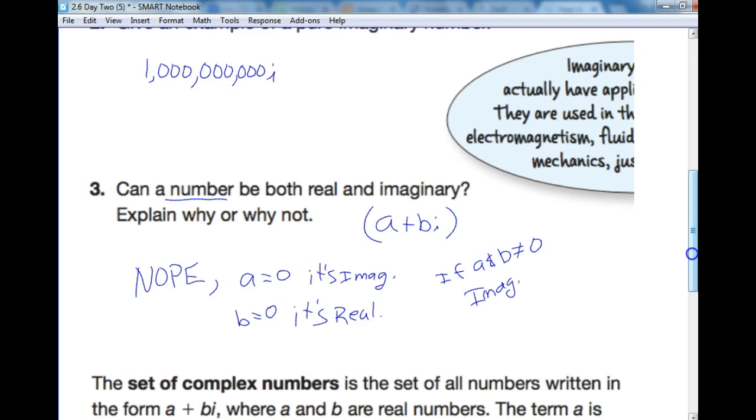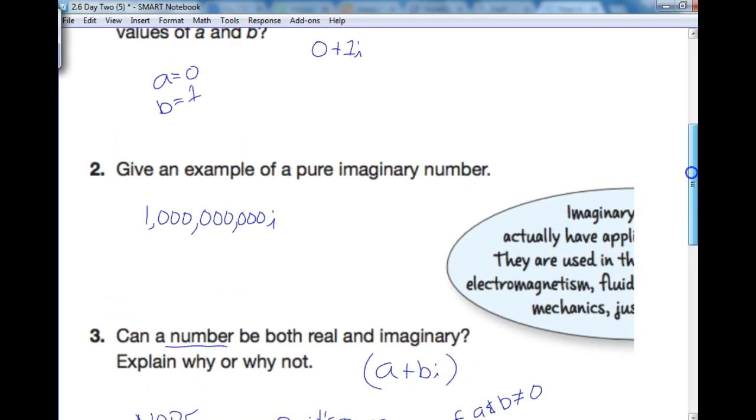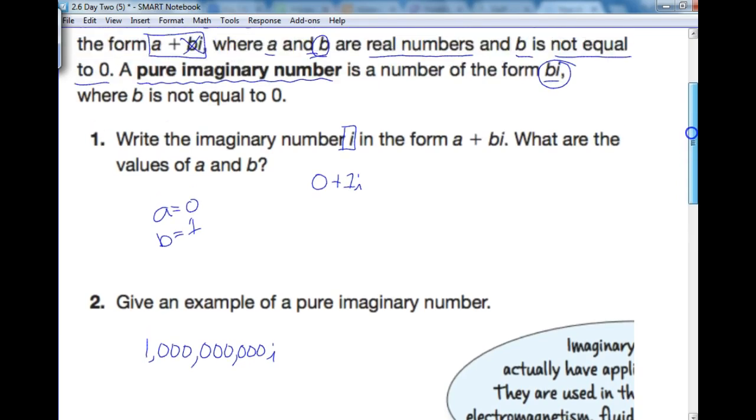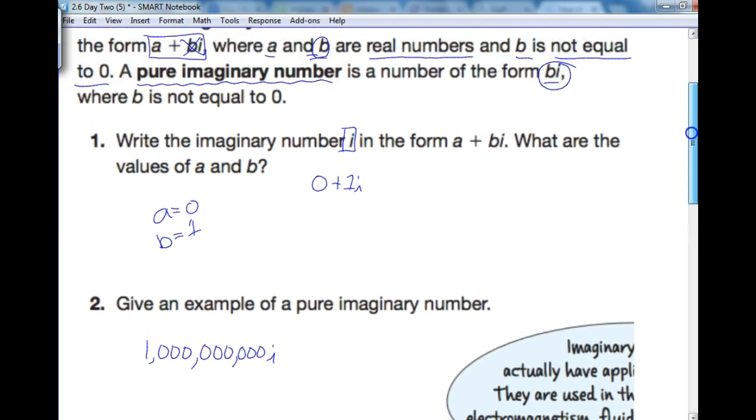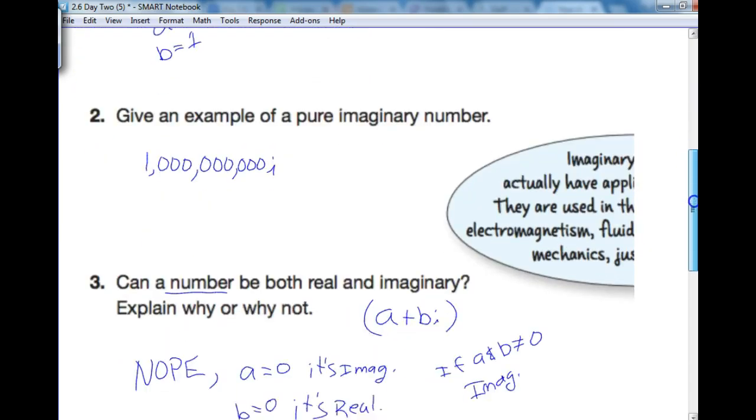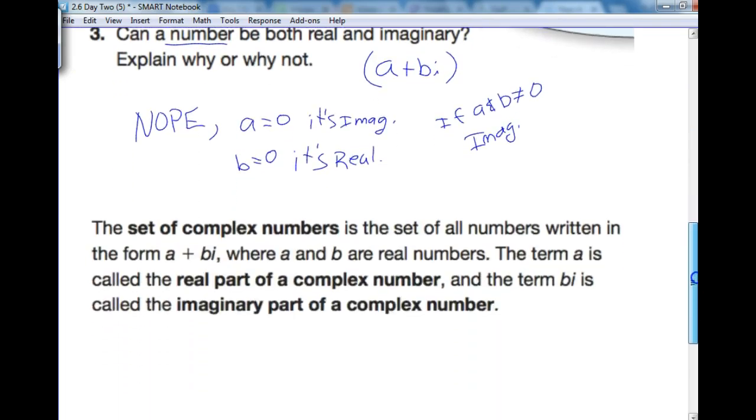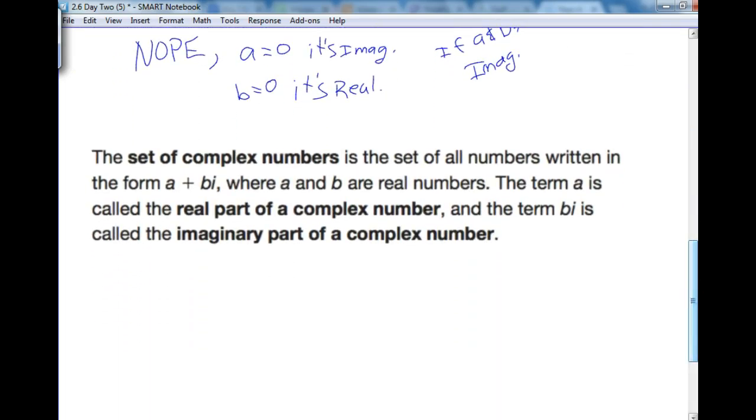Okay? Now we just got talking about up here, imaginary numbers are in the form of a plus bi. So now we're going to talk about imaginary numbers within the set of complex numbers. Complex numbers have the same definition. They are in the form of a plus bi, where a and b are both real numbers.